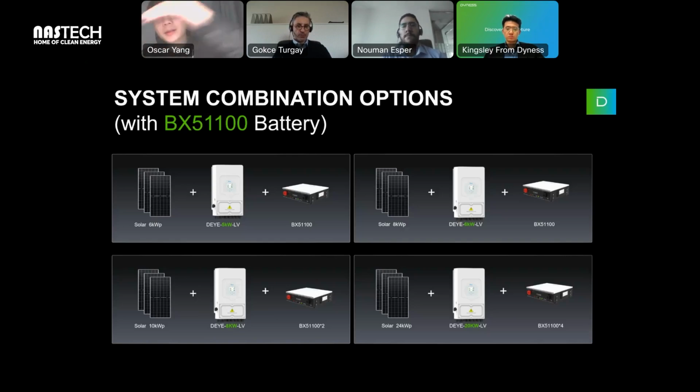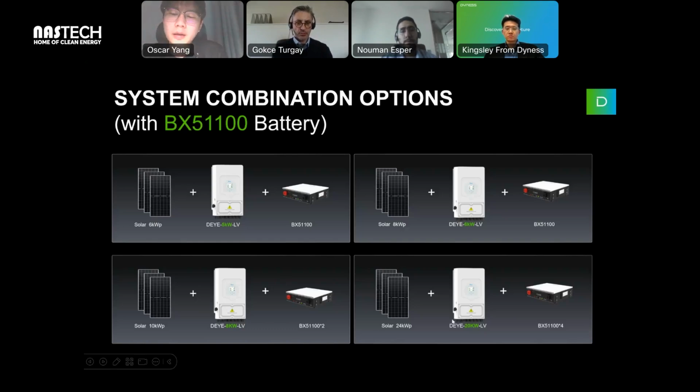If the whole system goes over 160 ampere, but here it is still 150, you have to put on a combiner box. And because the inverter has 2 DC inputs, we would like to recommend that you put maybe 2 or maybe 4 batteries, and connect them into the 2 DC inputs.